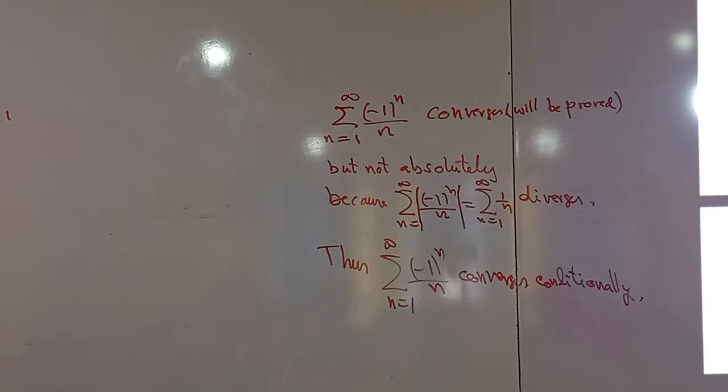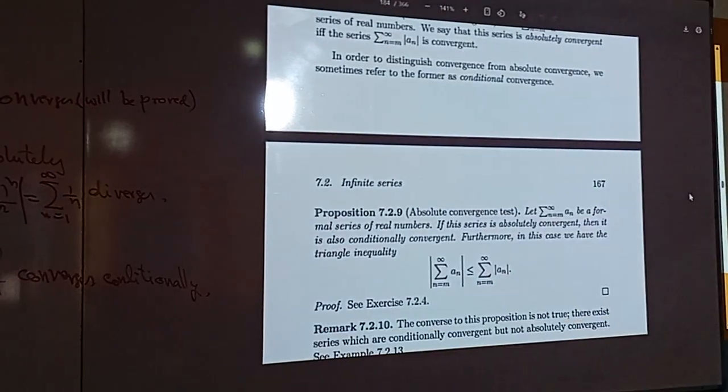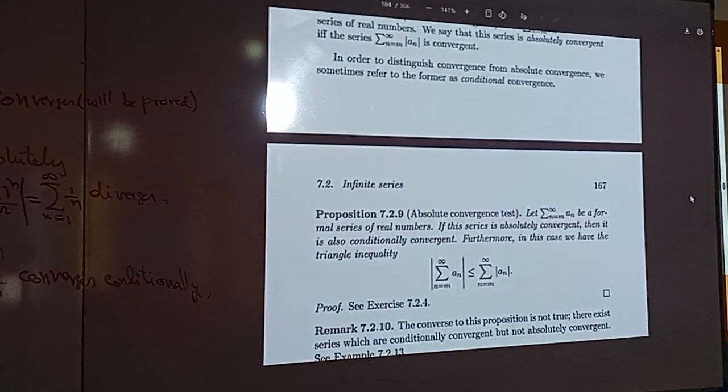If the series is absolutely convergent, then it is also convergent. That proof is simple. Furthermore, in this case, we have the triangle inequality. Proof is exercise 7.2.4. From that proof it follows.